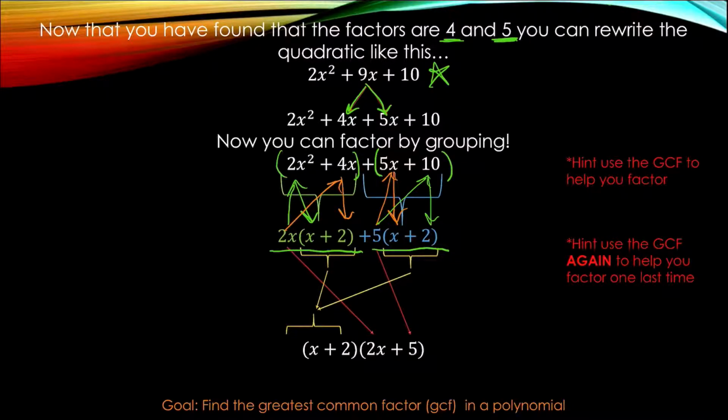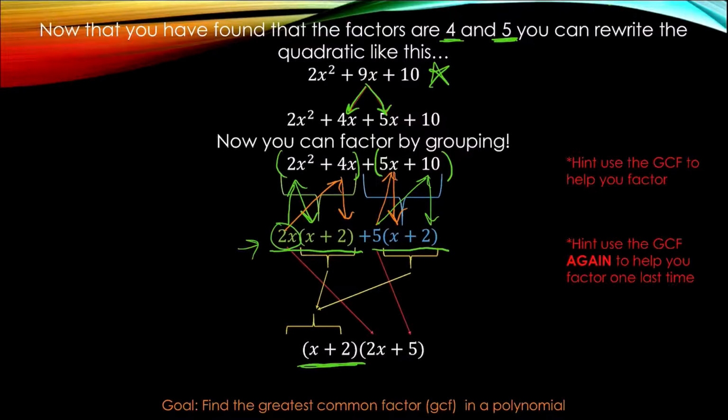Okay, now what I can do is I'm going to find the greatest common factor again, because I really only have two terms here. The thing that both of these have in common is x plus 2. So I'm going to take that x plus 2 out, and it moves to right here, x plus 2. Then I divide out x plus 2 from what's up here.